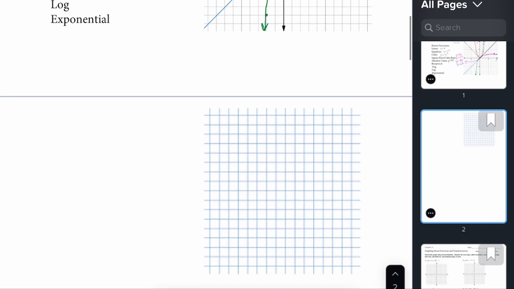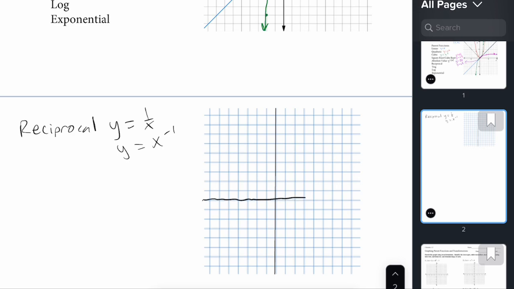Next is our reciprocal function. That's y equals 1 over x, or y equals x to the -1. Remember, a negative exponent tells me it's going to be a reciprocal. Now, if it is a -1 or an odd power, it is going to have 2 pieces. It's going to stay an odd function. If it is an even power, there is a little bit of a flip that happens to it.